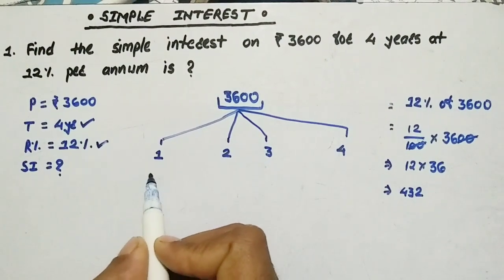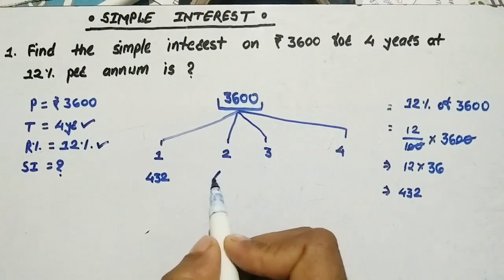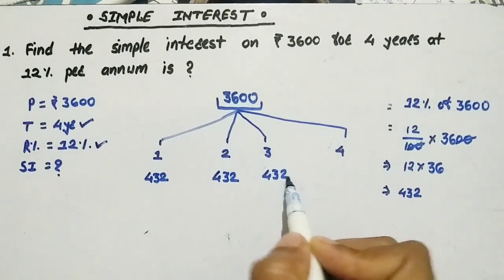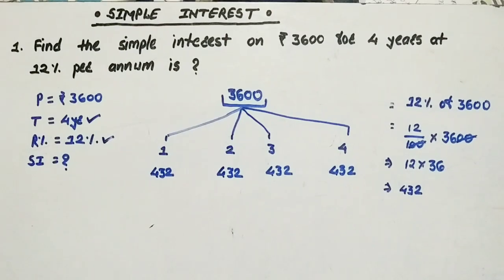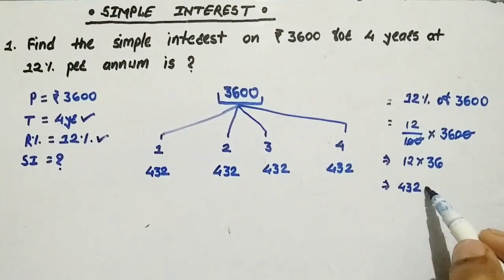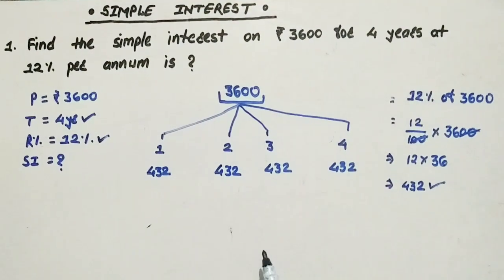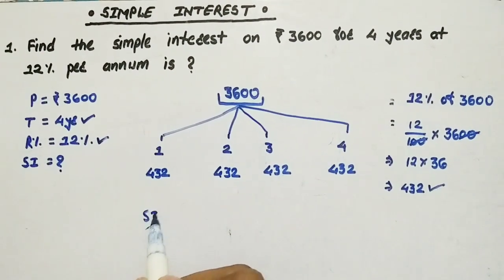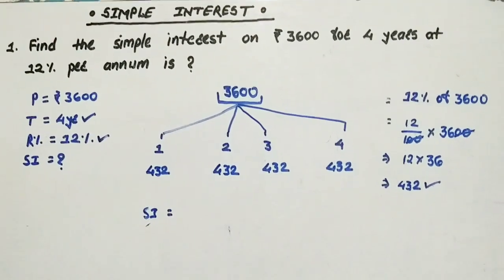First year 432, second year 432, similarly third year and fourth year. So simple interest on rupees 3600 for the first year is 432, and for 4 years we take 432 into 4, so SI is equal to the sum of all the interest.